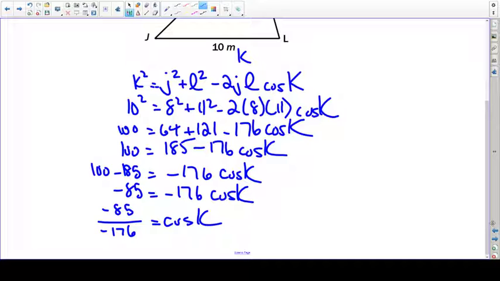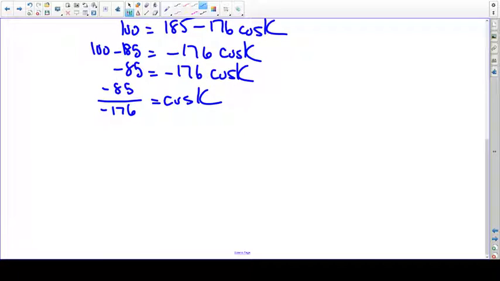Two negatives divide to give us a positive, so we can just go 85 divided by 176, and when we do that, we get, to 4 decimal places, 0.4830, rounded to 4 decimal places.